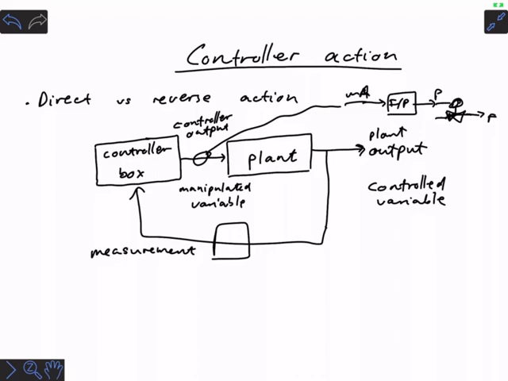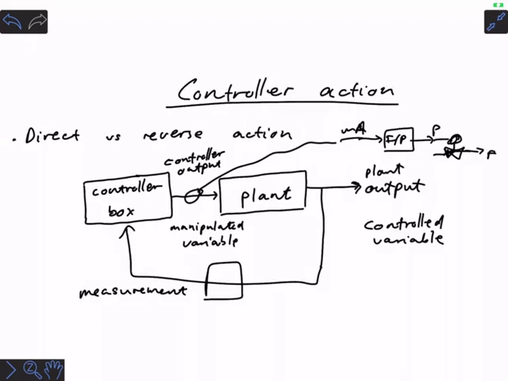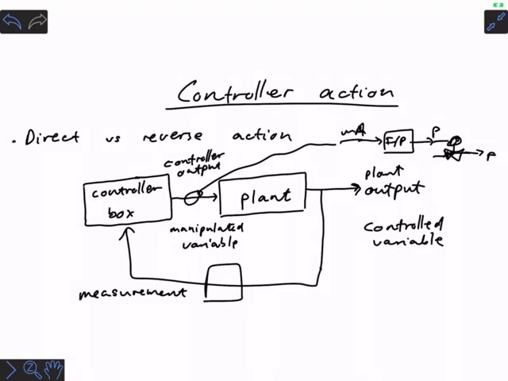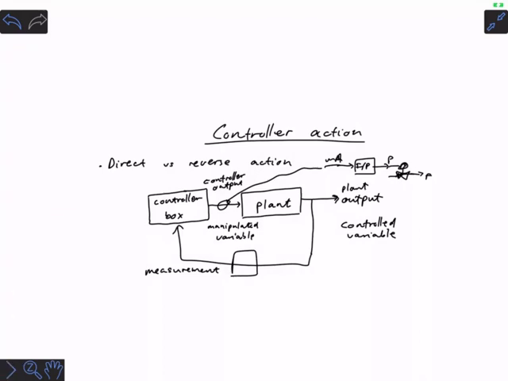There may be some dynamics in there, and there may be some noise or whatever, and it's useful, therefore, to distinguish between the actual value of that variable and the measured value of that variable. That distinction is useful to make.